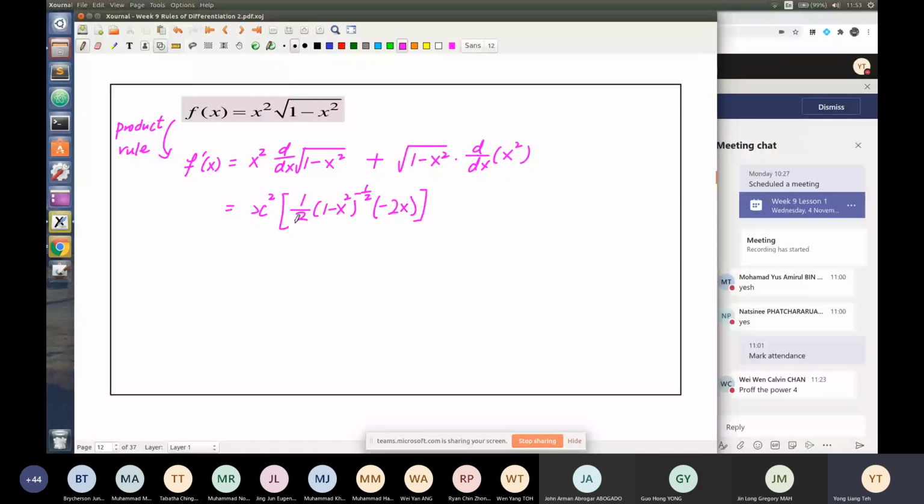This whole thing is the differentiation of this square root of 1 minus x squared. Then you plus this term, which is just direct differentiation, so no big deal with that. Questions? This part is actually using the chain rule. Let me just write it this side.